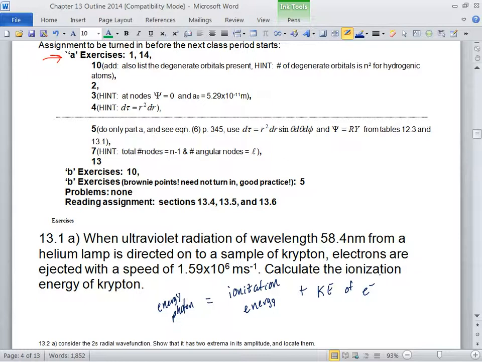So do you see how to do this? Alyssa, what was the equation for kinetic energy again? This is 1/2 times mv. So close, 1/2 mv squared. So that's this part, exactly. You're going to solve for this guy. What do you put in for this? HC over lambda. Ooh, good. Just watch your units.